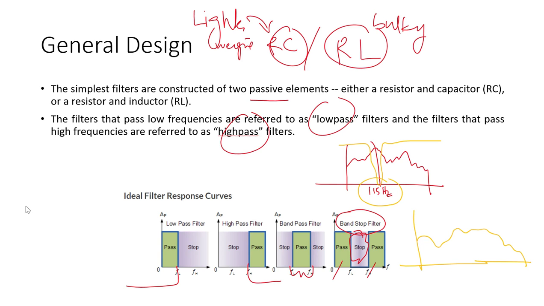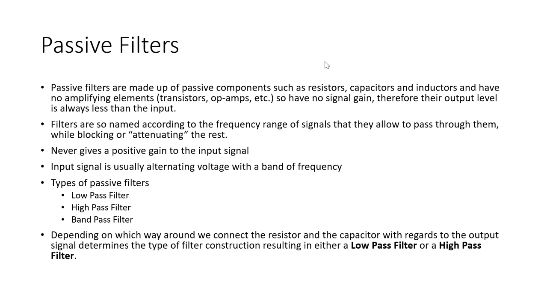Now coming towards the passive filters. Passive filters are made up of capacitors, inductors and resistors and have no amplifying elements. So this is the basic definition of a passive filter, that it will have no amplifying element and will consist of these three components R, L and C. So it means that the output can never be greater than the input.